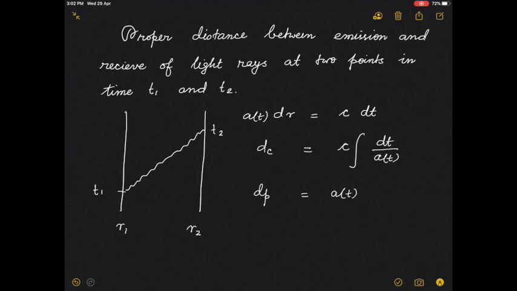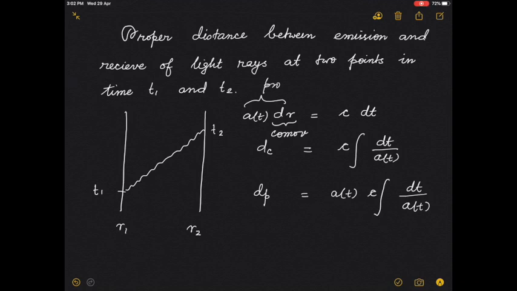And if I want to calculate the proper distance, all I have to do is multiply that with a. This is co-moving, this is proper, and these are by definition; we cannot ask why they are so. The light passes from time t1 to t2, so the integral is over t1 to t2.